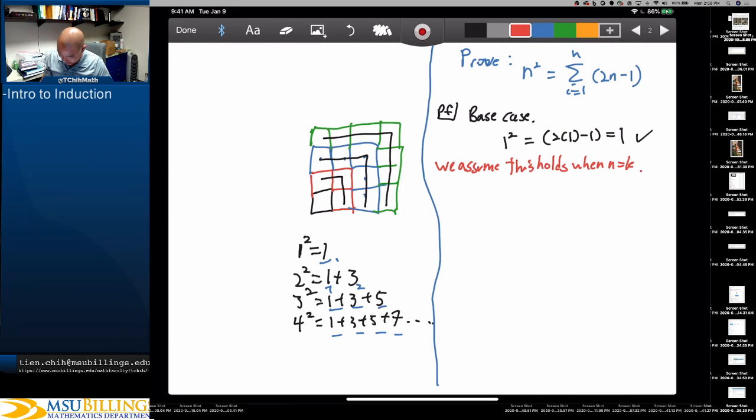In other words, that k squared is the sum from i equals 1 through k. Sorry, this should have been an i. 2i minus 1.